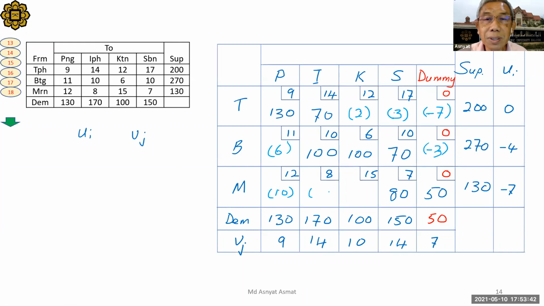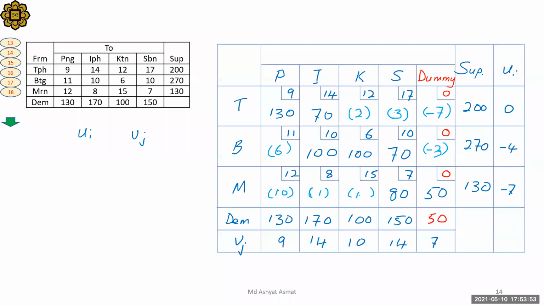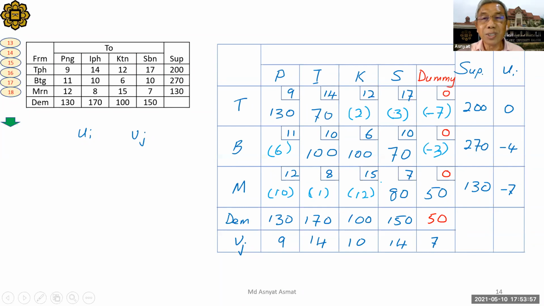Somewhere here, 1. 15 minus 7 is 12. Optimal or not? No. Then what? We are going to draw a closed path.